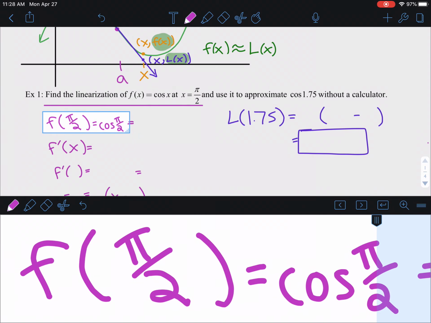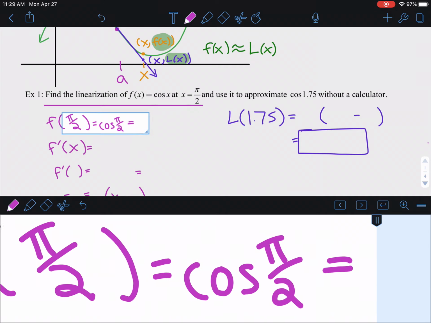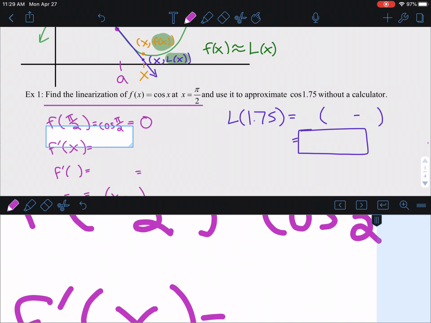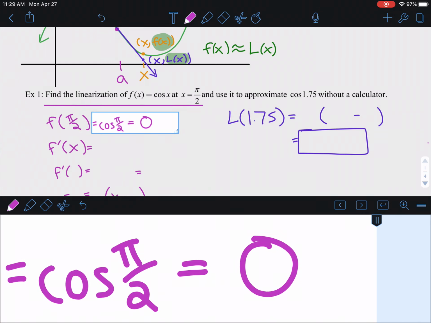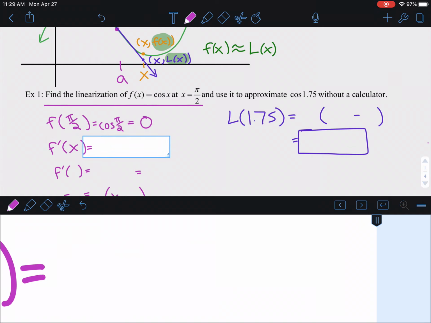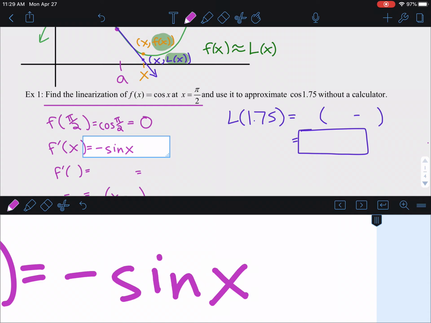So first thing I need is a point. So I'm going to plug pi over 2 into my function. So cosine of pi over 2 is going to be 0. So that's going to be my y coordinate. I'll come back to that. Now I need a derivative. So f prime of x, what's the derivative of cosine? It is negative sine of x.